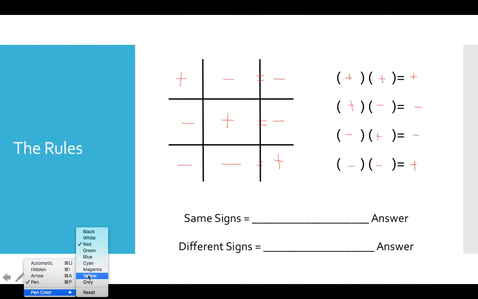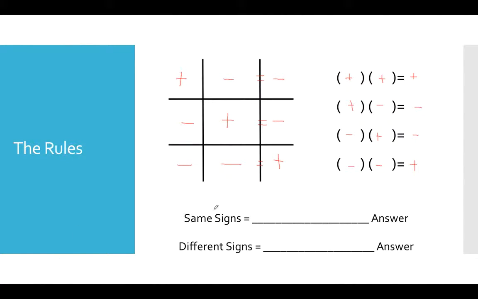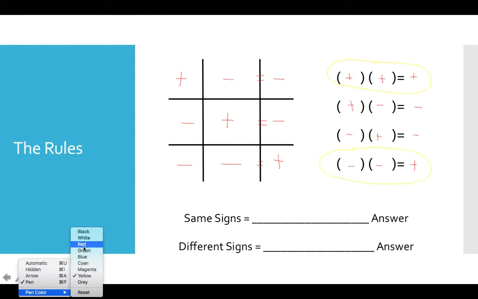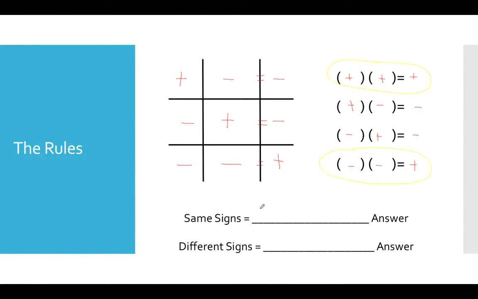So what I want you guys to notice is if you look very closely, you will see that when you have the same signs, like a positive times a positive and a negative times a negative, you are always going to get a positive answer, which is what I want you to fill in right here.